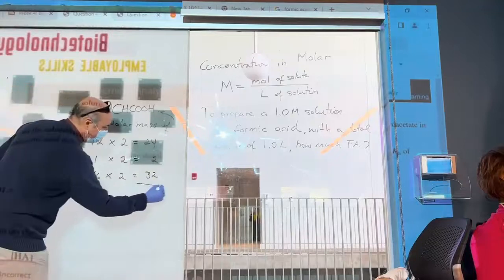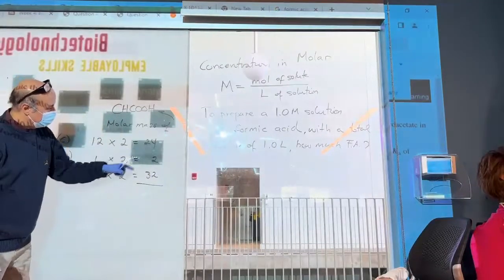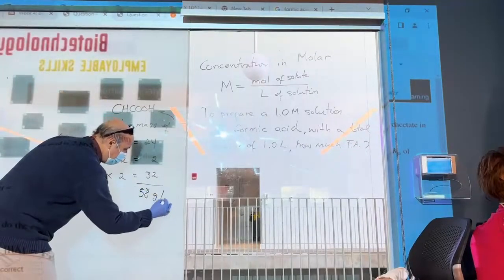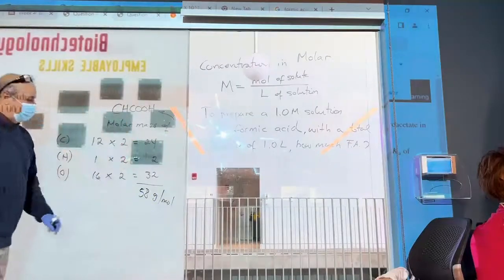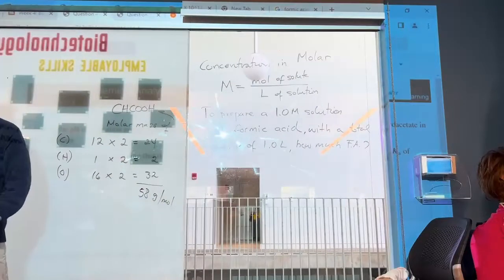So the molar mass of formic acid is 58, and the units are grams per mole, which tells you that 58 grams of formic acid are 1 mole of formic acid.